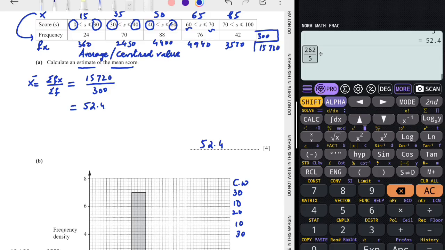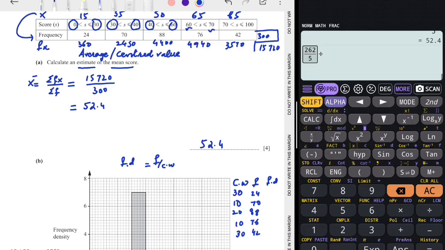Now frequencies are already given: 24, 70, 88, 76 and 42. Now we have to find out frequency densities. Its formula is frequency over class width is equal to frequency density.